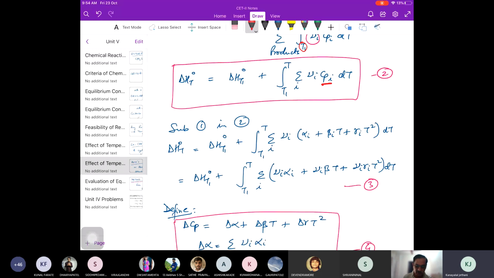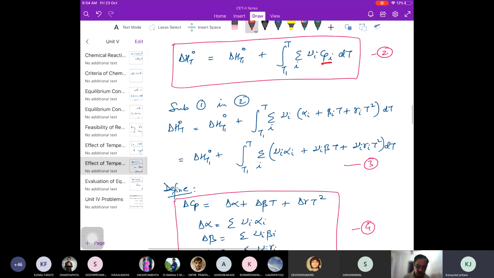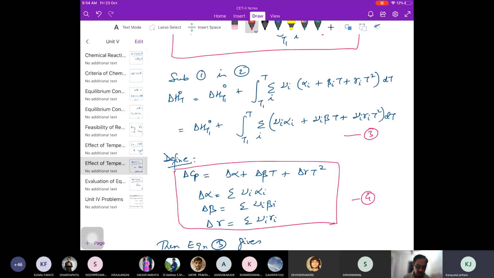And this will become summation of nu i, opened up, equation 3.